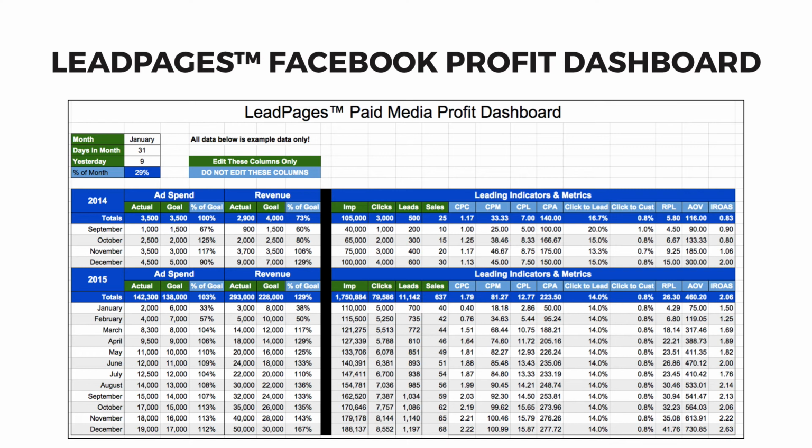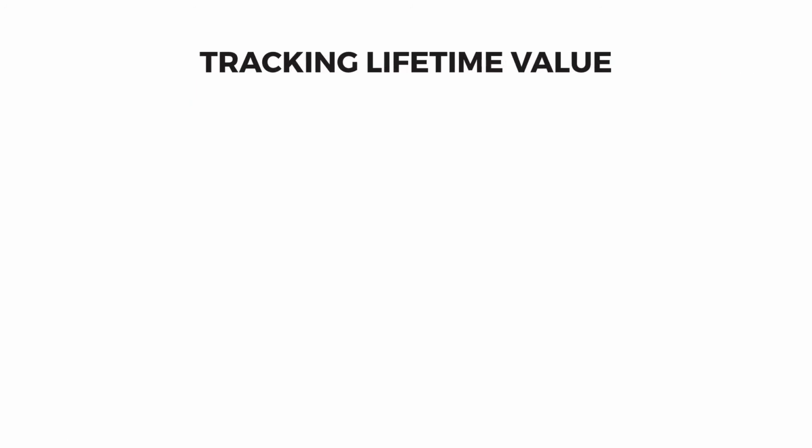Knowing that this just measures the first sale and not the lifetime value of the customer, we're happy with an IROS of 1, but typically get much higher. When you're first starting out, don't be surprised if your initial return on ad spend is less than 1. But hopefully, as you take the actions I've laid out for you in this course, you'll quickly see a fantastic return on your advertising. A moment ago, I mentioned the lifetime value of your new lead or customer.